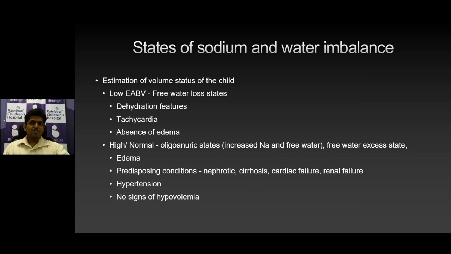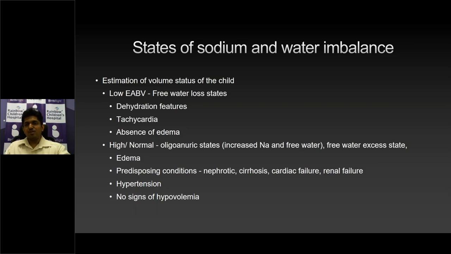So in states of sodium and water imbalance, we have two categories. The first important thing, as I said before, to start a normal maintenance fluid is to estimate the volume status. How will you estimate the volume status? This is clinical, because you have to start the maintenance fluid immediately. So look for low effective arterial blood volume states, like history of free water loss, dehydration features on examination, presence of tachycardia.